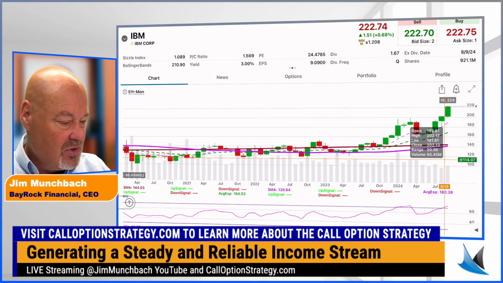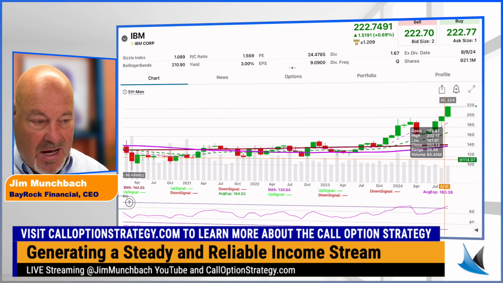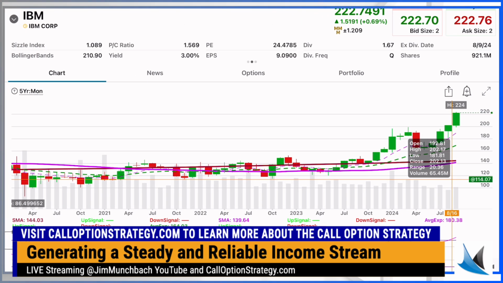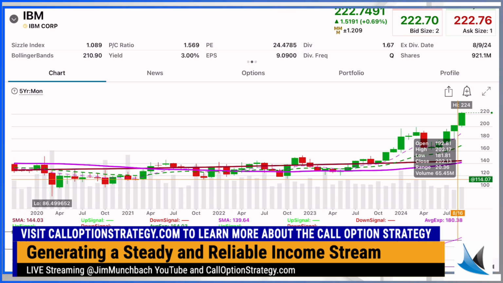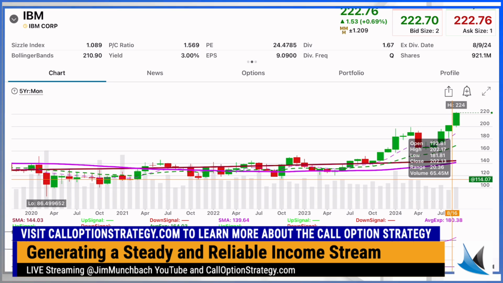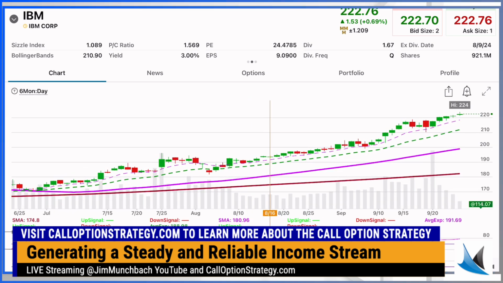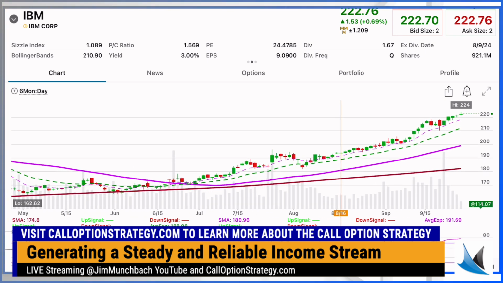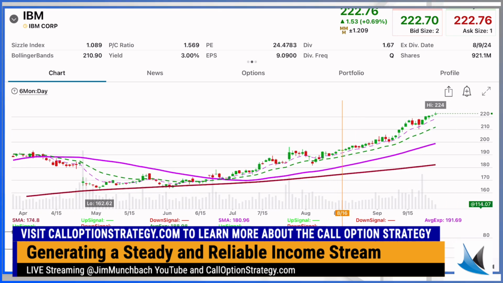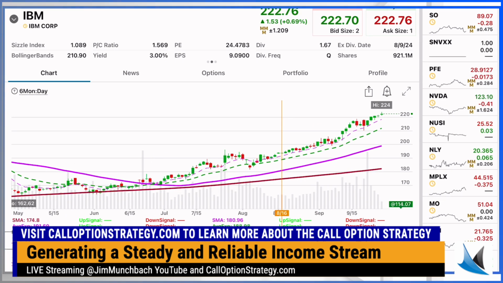But IBM's looking like a great stock to have owned over the last couple years. If we go back to the 6-month chart, it's just going up, up. This is not the kind of stock that I'd want to stick a covered call on, not today anyway. But again, I would have to do some research.